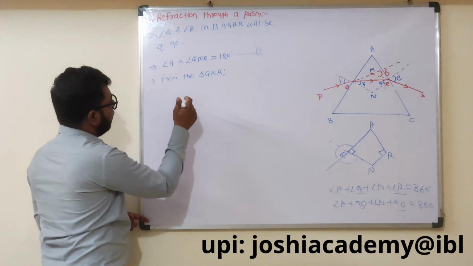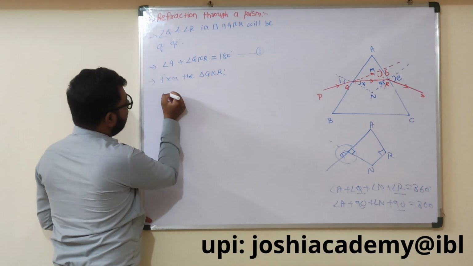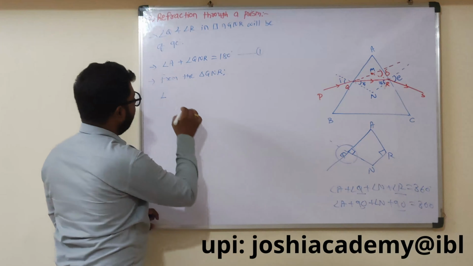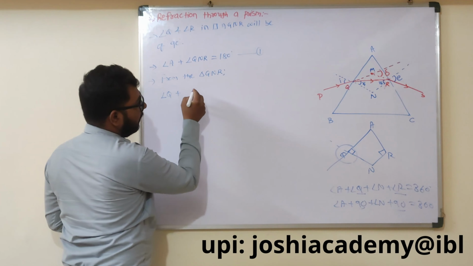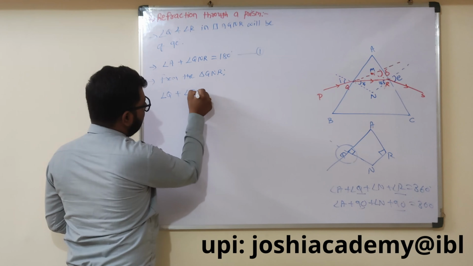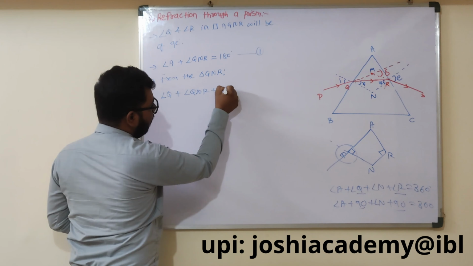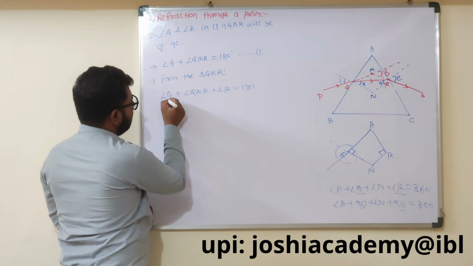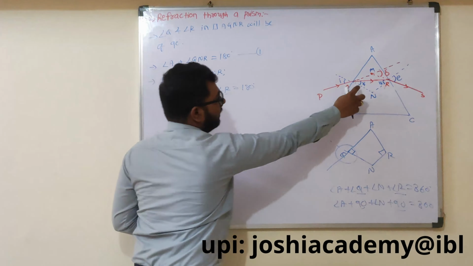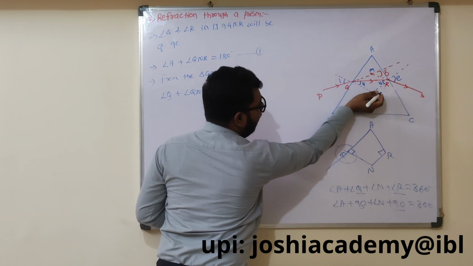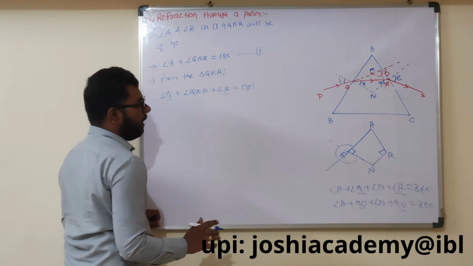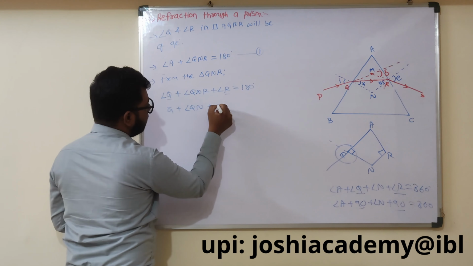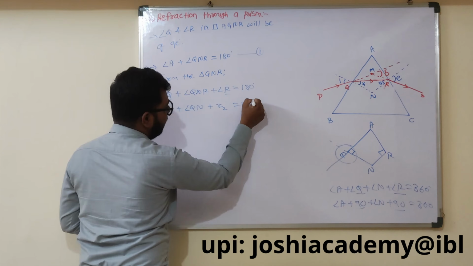So in the triangle QNR, angle Q, that is nothing but our r1, plus angle N, or let us say it is QNR, plus angle R is equal to 180 degrees, right? So this angle Q we do have in this triangle is nothing but r1, and this R is nothing but r2. So r1 plus QNR plus r2 is equal to 180 degrees.